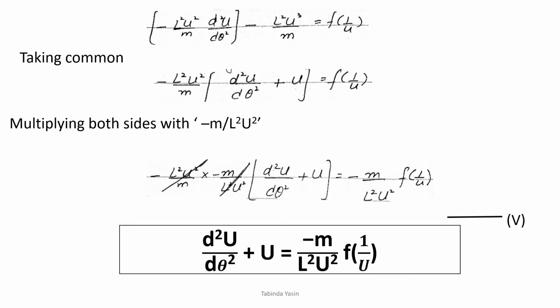We are left with the equation which we have to derive: d square u over d theta square plus u is equal to minus m over L square u square into f of 1 over u, bracket close. That is equation number 5.